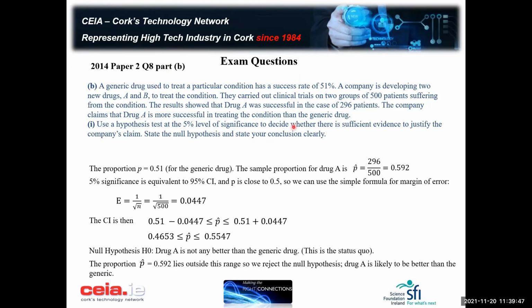So we've got two drugs, A and B. Looking at drug A, they say drug A is successful for 296 out of a sample of 500 patients. And they're claiming that this is better than the generic drug, which is known to have a success rate of 51%. So you want to do a hypothesis test to see whether you can justify this claim.